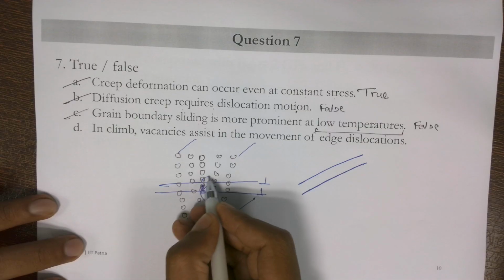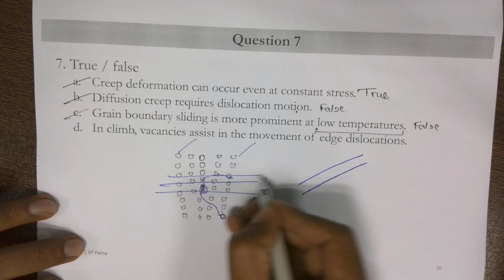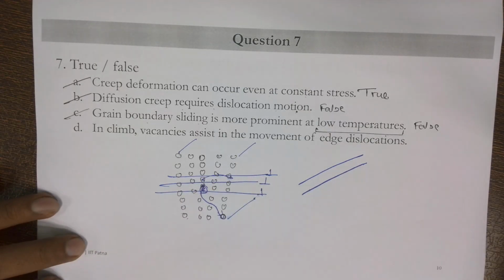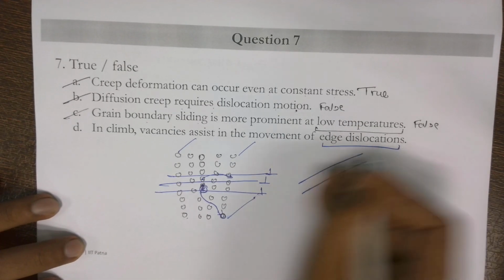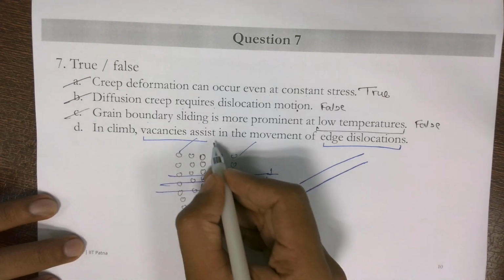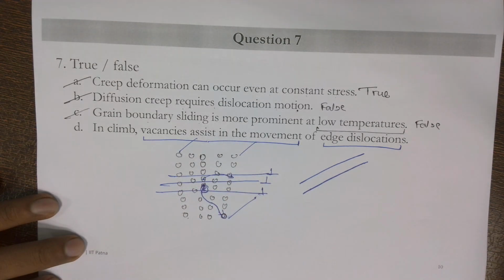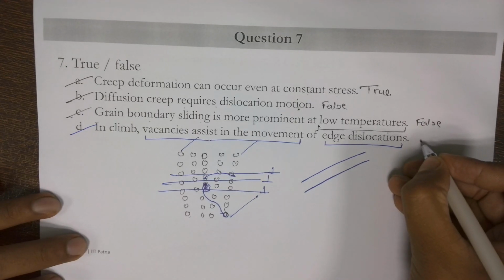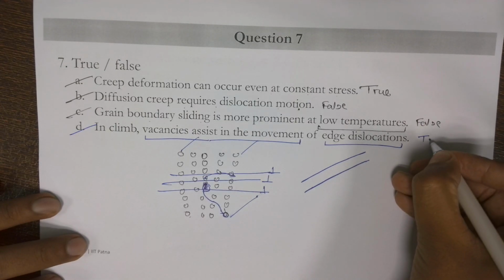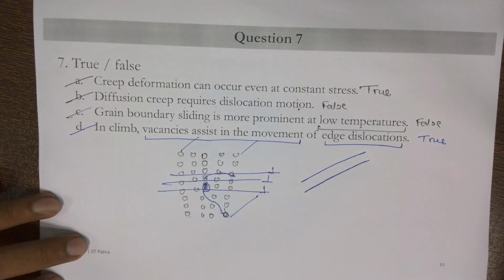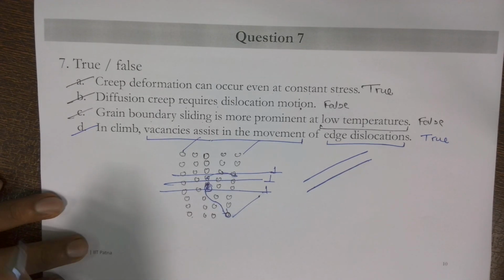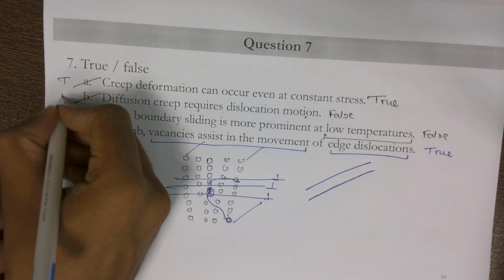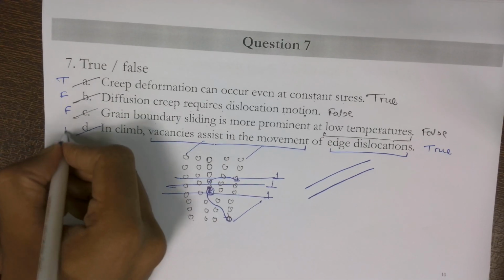If the next row of atoms also leaves, again the dislocation will move up. This is the dislocation climb, right? So for the edge dislocation climb, the vacancy assists in the movement. So this one is true. The final answer is true, false, false, and true.